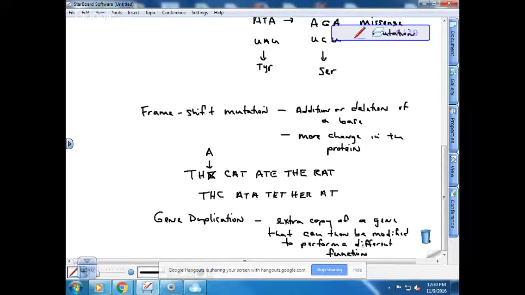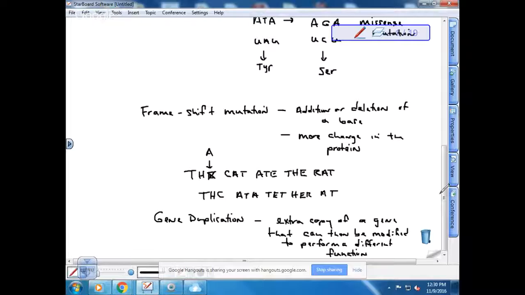So for some reason, the gene gets copied twice instead of once. And then all of a sudden we have extra genes, and it might start to accumulate mutations, and then it might become something that is important. So we're going to look at an example of that today in the video that we're going to watch that talks about the evolution of new genes, how we get new genes appearing in the genome of an organism that were not previously there, okay?